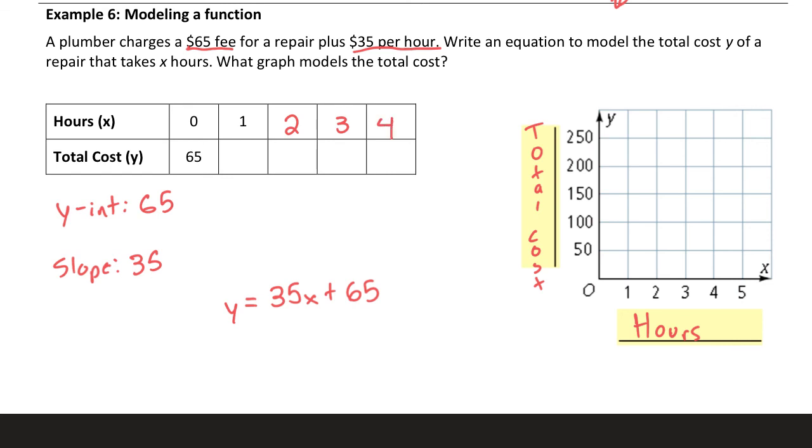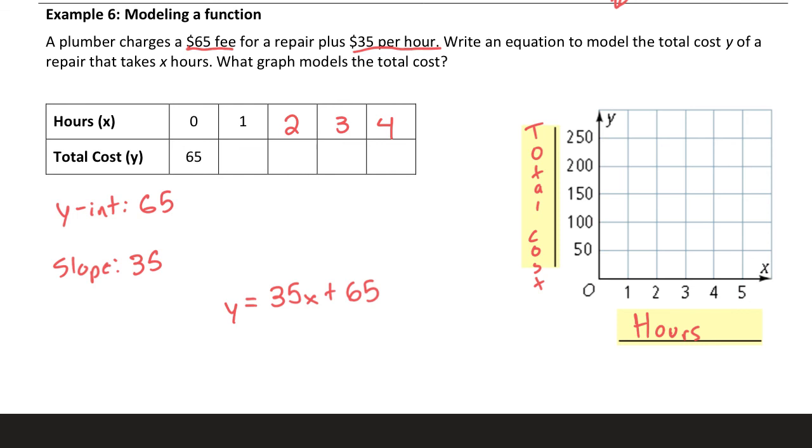Basically any numbers that are positive or 0, whole numbers. I think usually a plumber is going to charge you in whole hours, not for half an hour. If they work for a half an hour, they're going to charge you for the full hour. And then we find the outputs for each of those inputs, the y values for each of those x values.